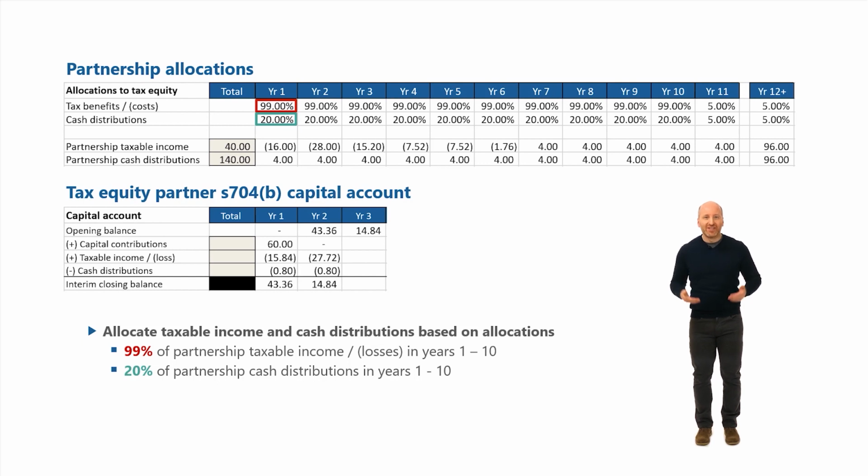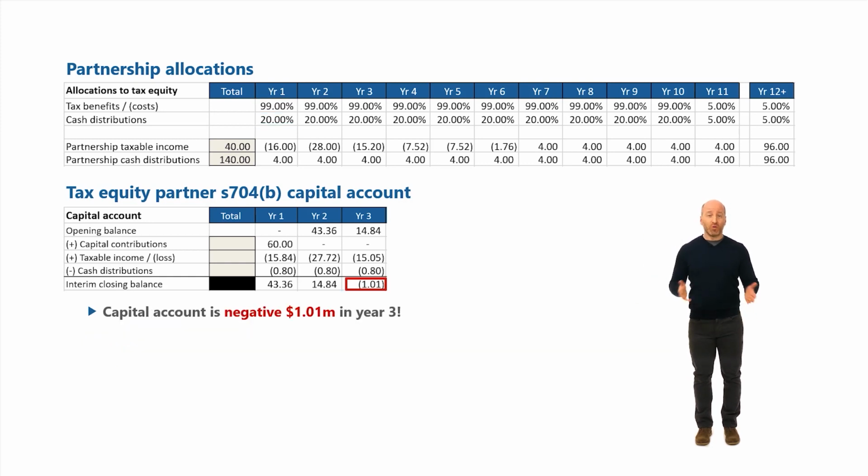And year 3 will bring down, again, 99% of the losses of $15.05 million and 20% of the cash distributions, or $0.8 million, such that their capital account is now negative to the tune of $1.01 million.